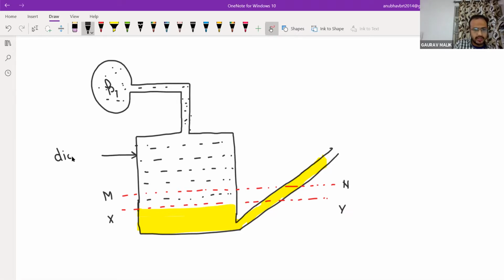This has diameter capital D. Here, as we know, P ATM. Assume it is delta S and it is theta.